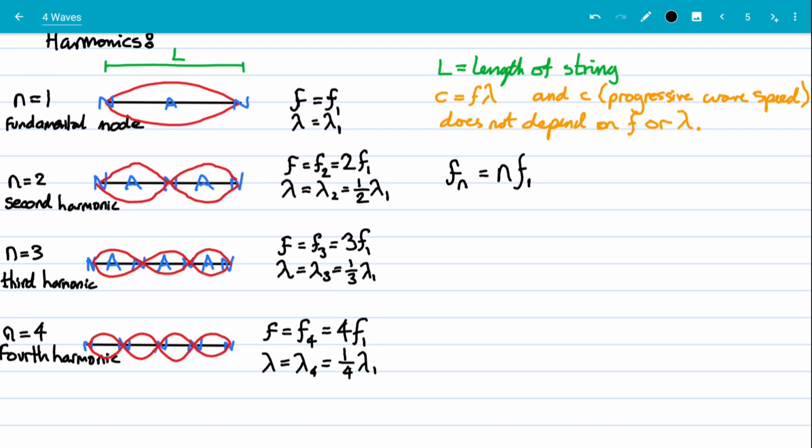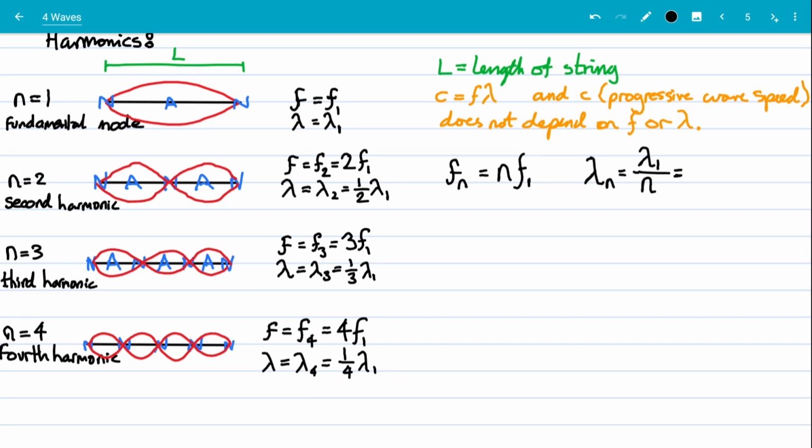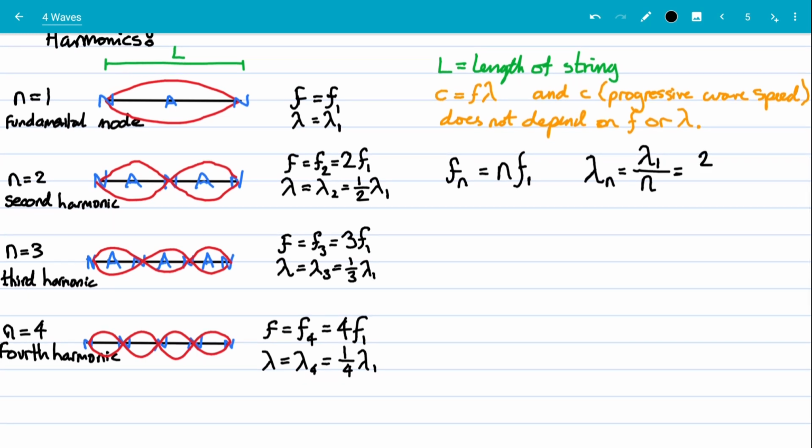And we can say that the wavelength of the nth harmonic is equal to the wavelength of the fundamental mode divided by n. And we can go a step further as well, because we know that the wavelength of the fundamental mode, or the first harmonic, is twice L. So we could say that this is equal to 2L divided by n.